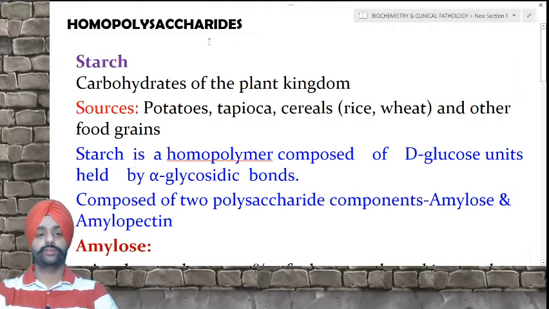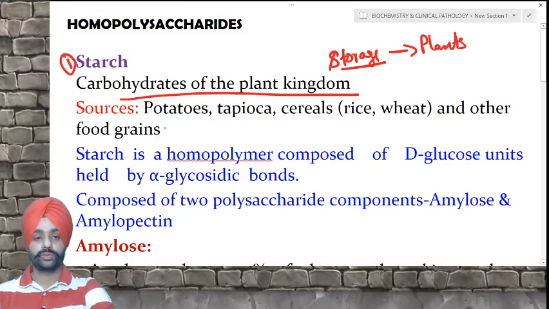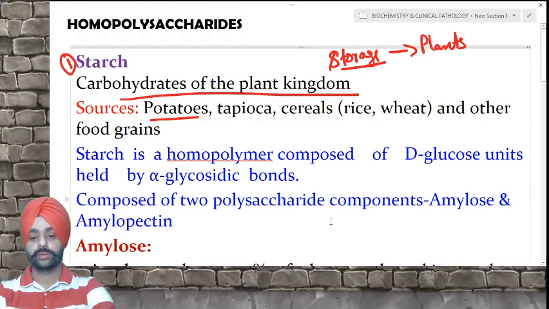Now we shall be discussing in detail what homopolysaccharides are. The first important type of homopolysaccharide is starch, the storage carbohydrate of plants. Sources: potatoes, tapioca, cereals such as rice and wheat, and other food grains.